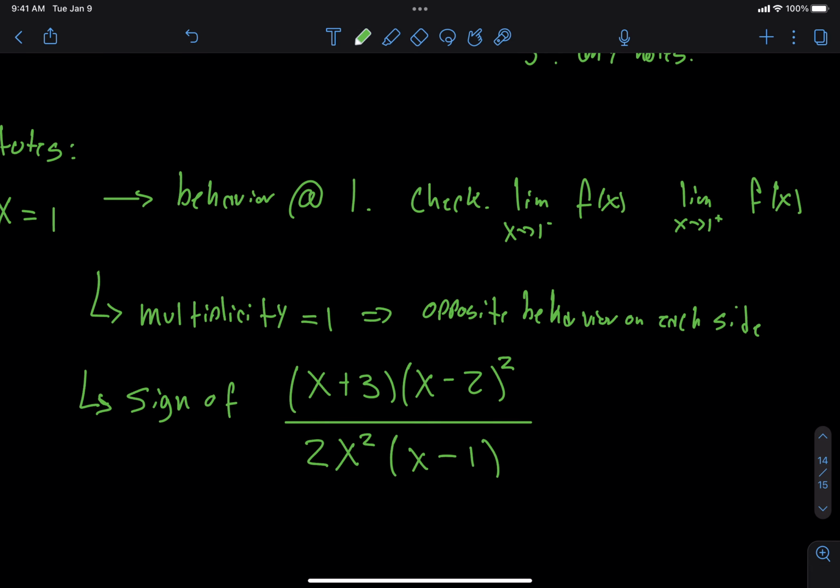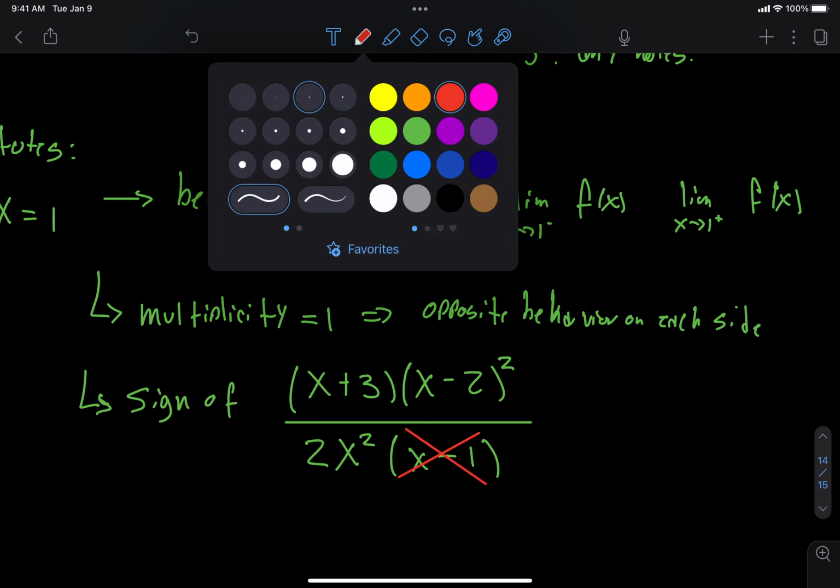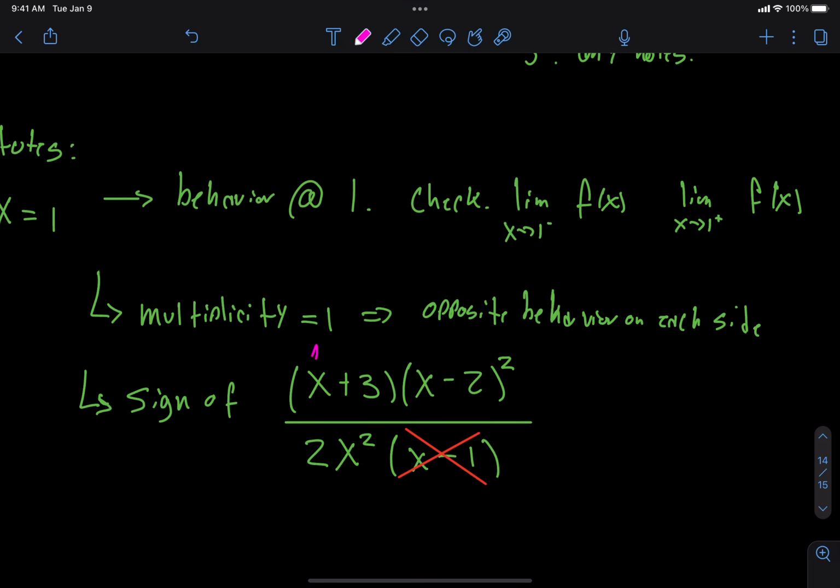I'm going to forget about the 0 that I'm worried about, and I'm going to check what is the sign when I plug in 1 here and 1 here and 1 here. That would give me 4 times -1 squared divided by 1, which would be 4, which is larger than 0.